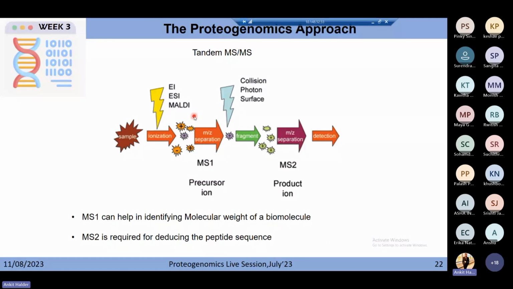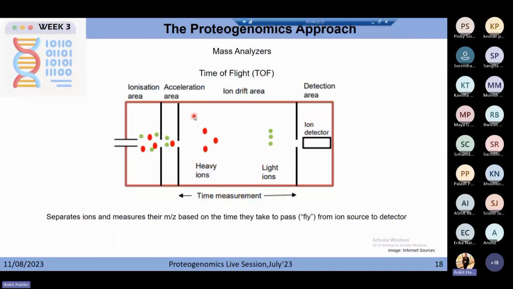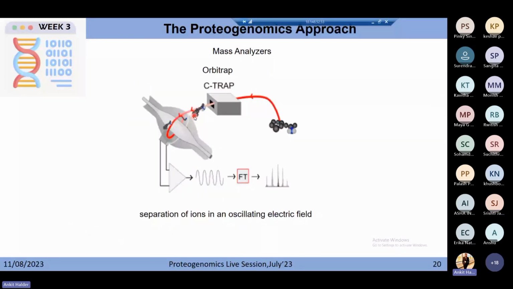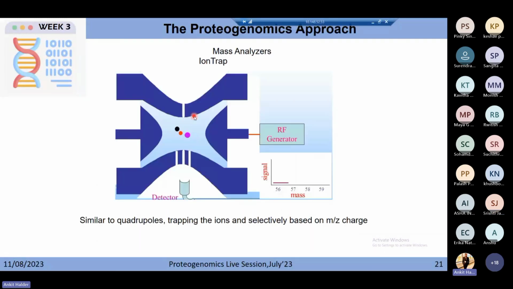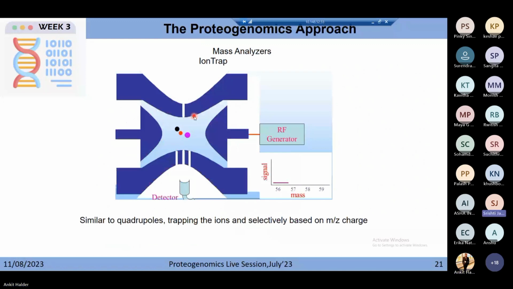There are different mass analyzers, as we have discussed, like TOF, time of flight, and quadrupole. A TOF can be coupled with another TOF to give a TOF-TOF configuration, or after a quadrupole you can have an Orbitrap, which gives a quadrupole-Orbitrap configuration.